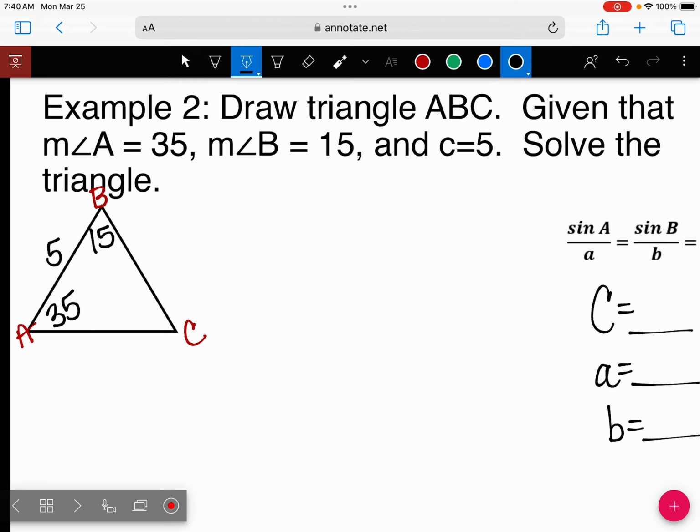So with the information that they gave us, we could not use the law of sines, because remember, we need to know a pair. However, we can easily find angle C. And after we find angle C, then we'll have angle C and side c, and we can do the law of sines. So we have to first find the angle C.